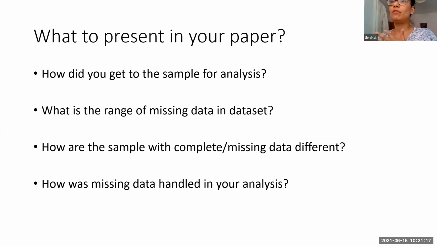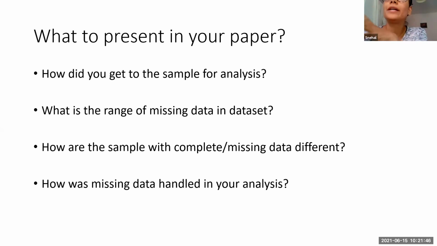You want to talk about the range of missing data in your data set, because I think it's very different imputing data that has missingness up to 20% in variables versus imputing 80% of your data of a variable. You want to talk about how the sample with complete and missing data were the same or different. And obviously then you want to talk about how missing data was handled, okay?